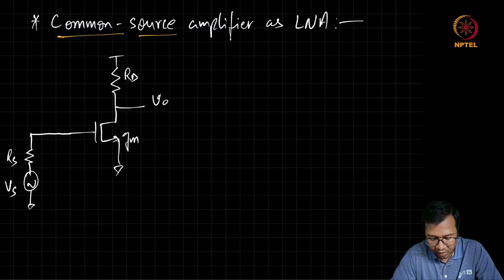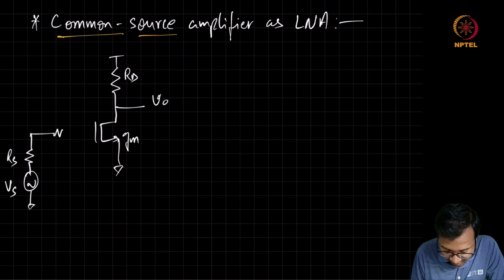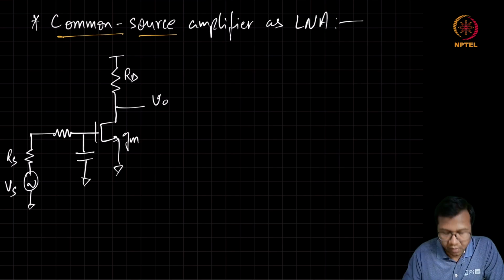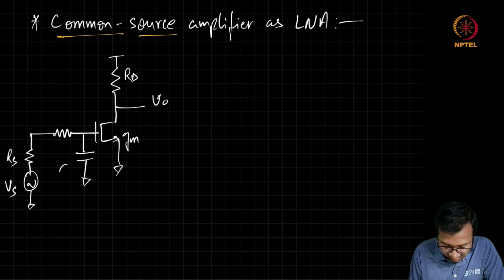So what we can do is also include the gate resistance of the MOSFET to provide some real impedance, to see if it can be used for the purpose of matching. A detailed model of a MOSFET has a gate resistance and a gate to source capacitance, VGS.